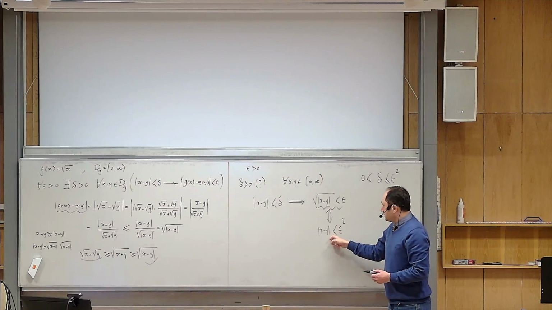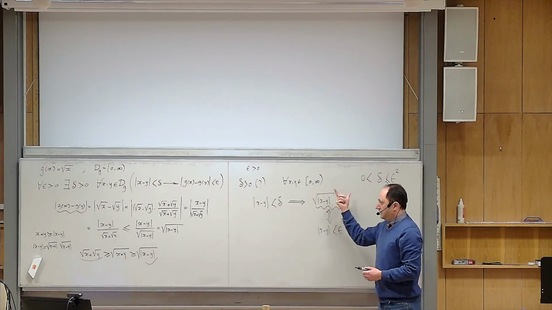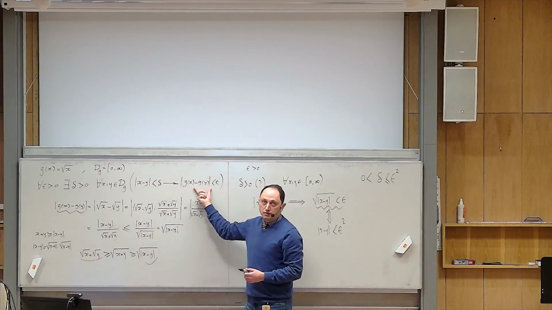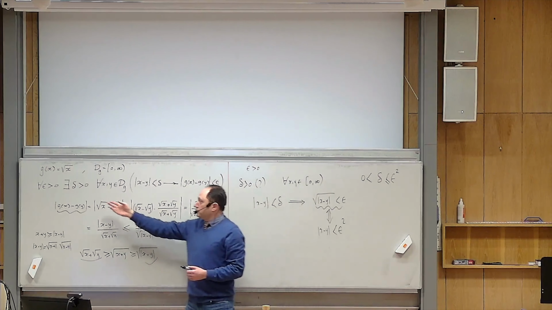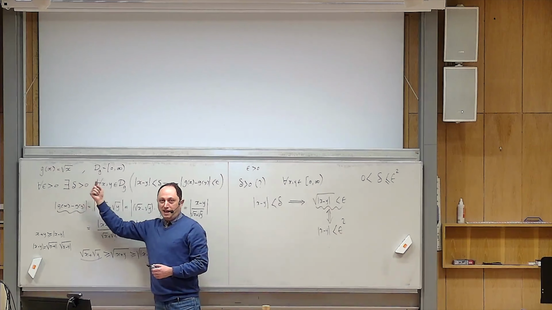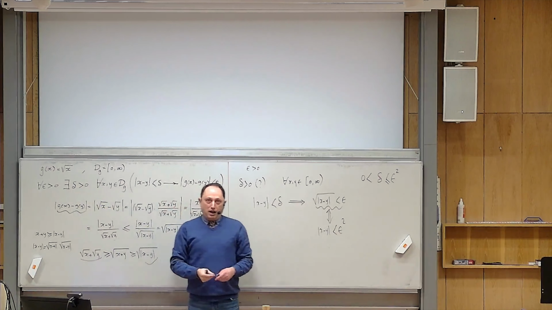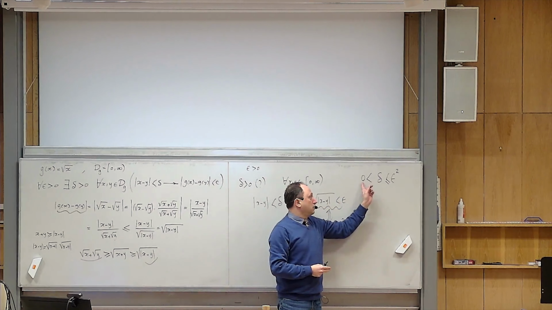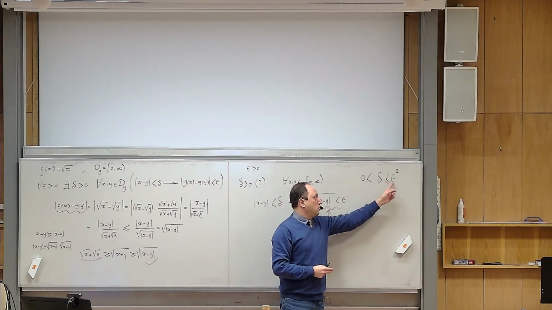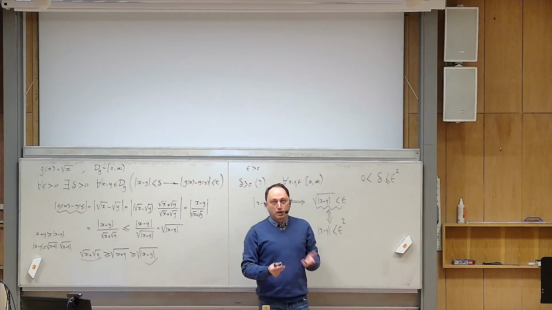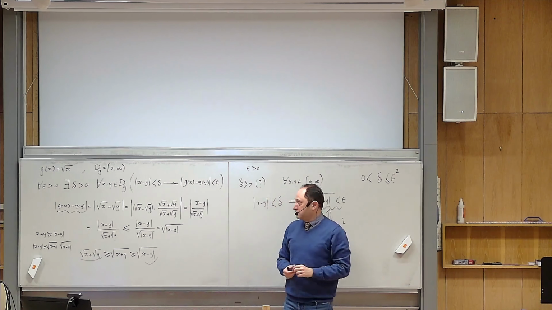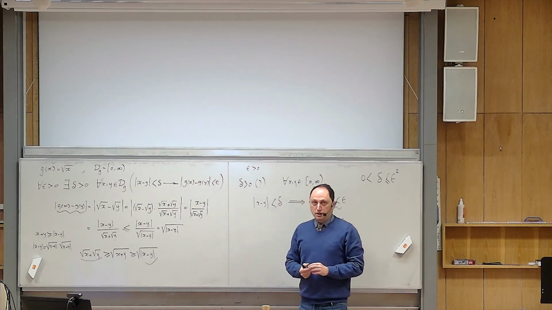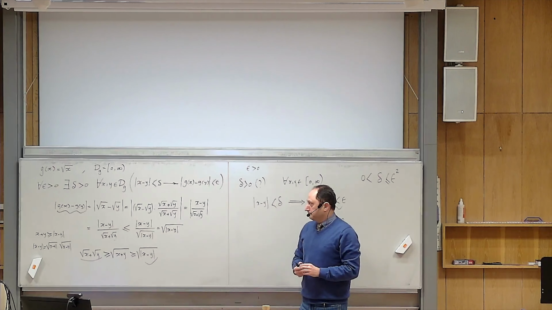And if this is guaranteed, this is guaranteed. And if this is guaranteed, because of this inequality, this is also guaranteed. My goal was to prove the existence of at least one delta like that. I actually found infinitely many deltas. Any delta greater than 0 and at most equal to epsilon squared will work. So this means that I was able to prove that this function is uniformly continuous on the given domain.